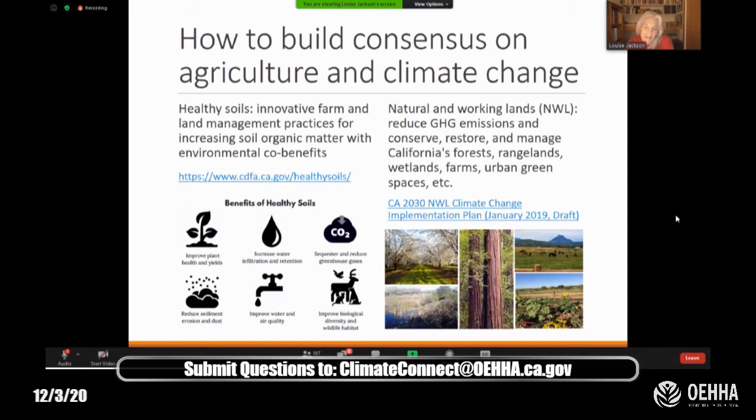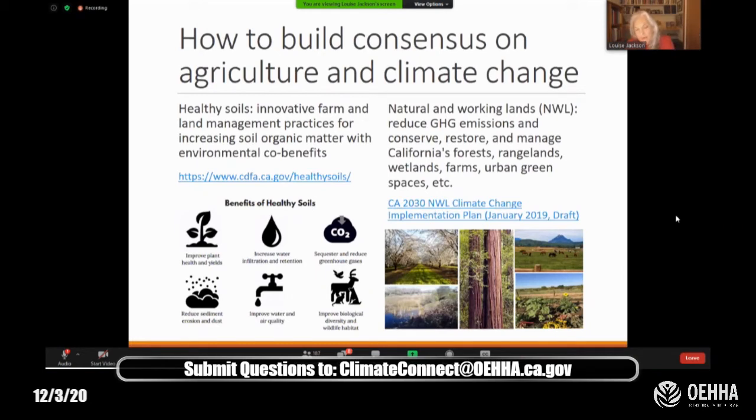So this little diagram tells a very interesting story about the program. You can see that there are some aspects that are related to adaptation: improving plant health and yields, increasing water infiltration and retention from the increase in soil organic matter, also sequestering carbon, and reducing greenhouse gas emissions.